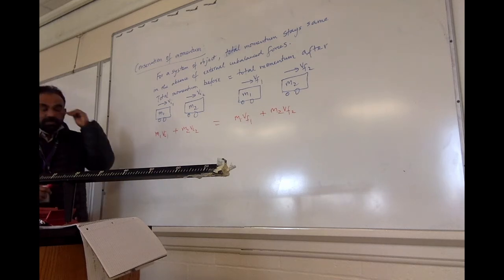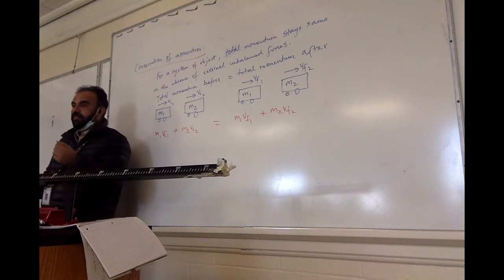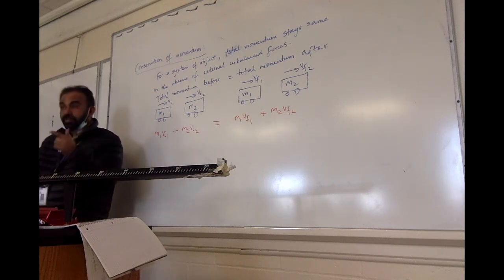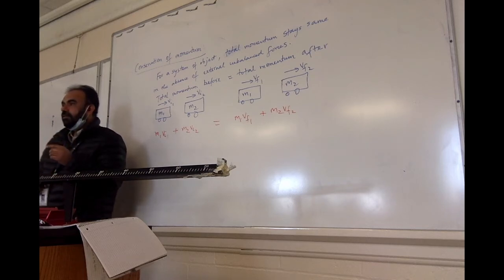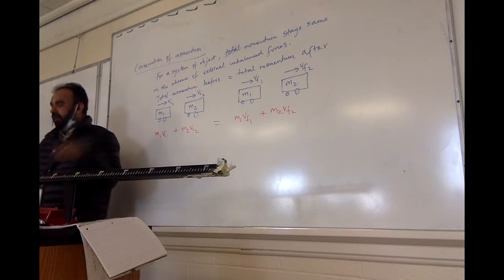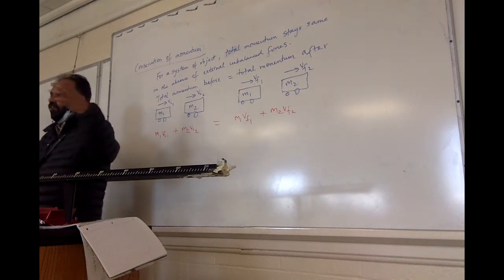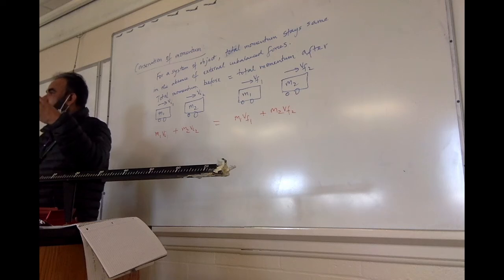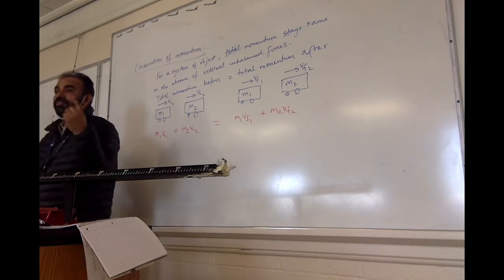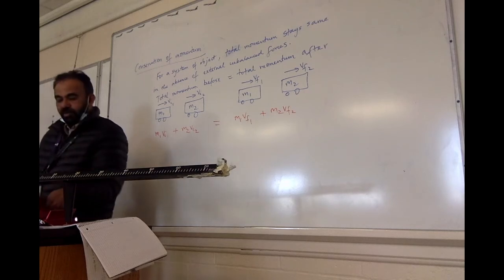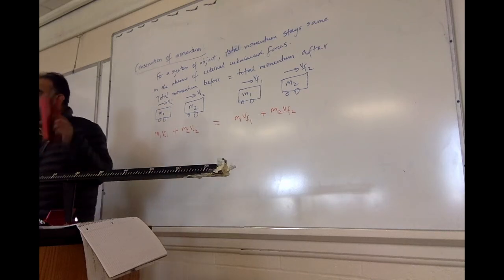Now what if after the collision they stick together? They'll have the same velocity finally, right? Imagine two football players running into each other for a tackle. They're both moving at the same speed, but one is heavy and the other is light.